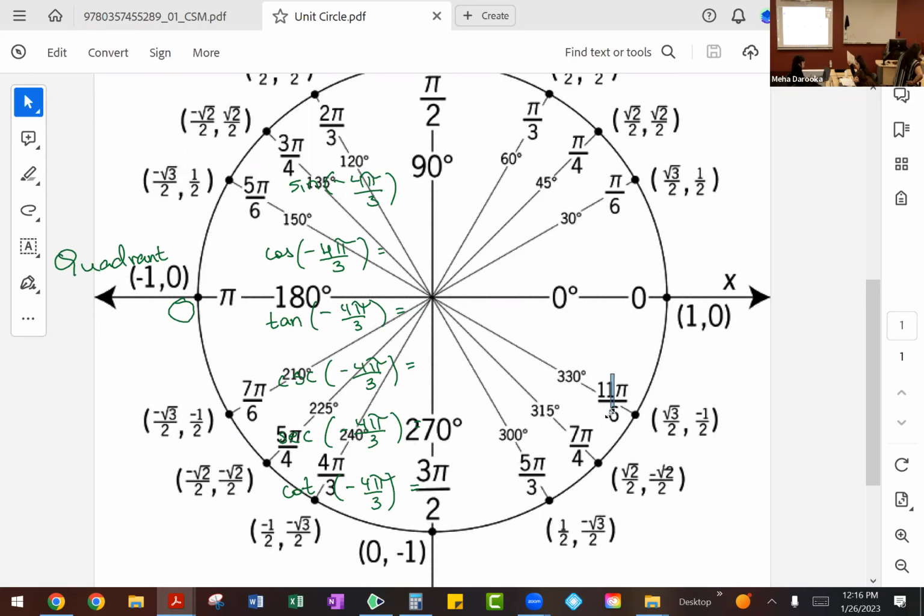Hold on. Cosine is adjacent over, okay, I'm going to have to draw a triangle, sorry guys, my brain does not work without the visuals.